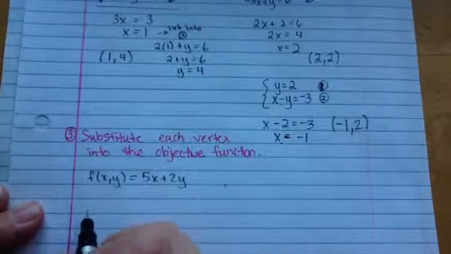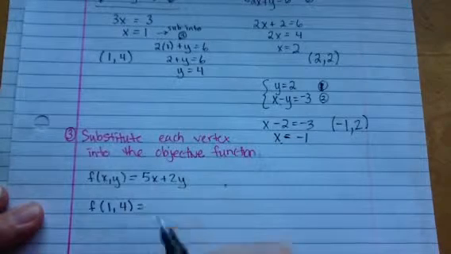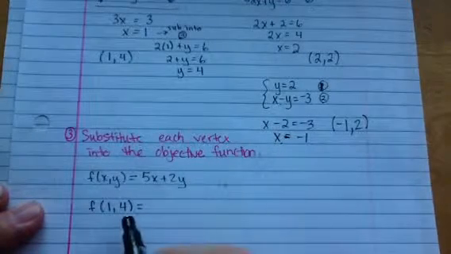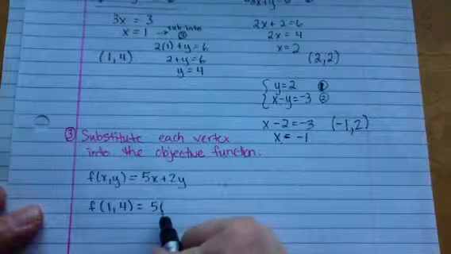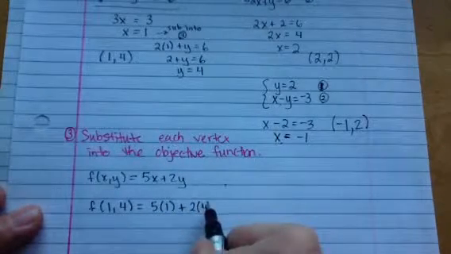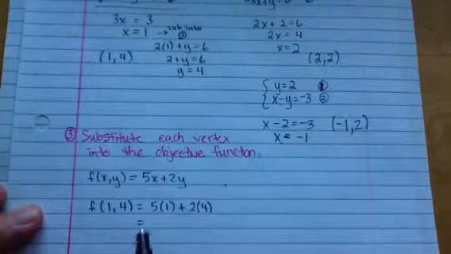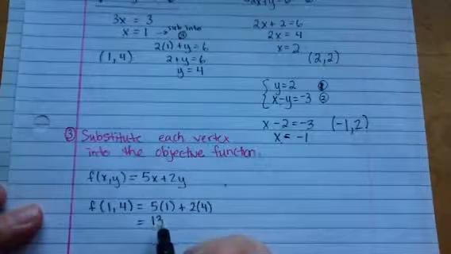So to substitute each vertex, we're going to do f of 1 comma 4. F of 1 comma 4 means I'm going to plug in 1 for x, so 5 times 1 plus 2 times substitute 4 for y. So that's going to give me the value 5 plus 8, so that's 13.